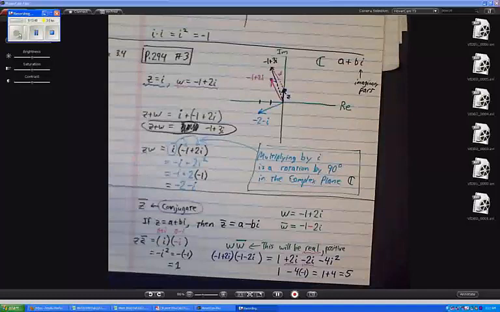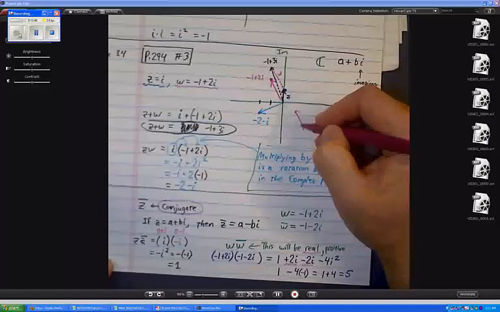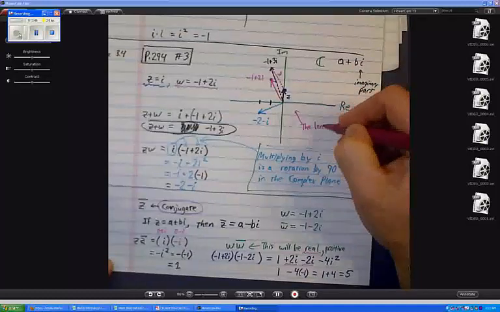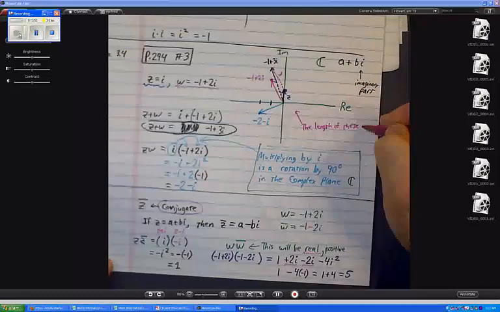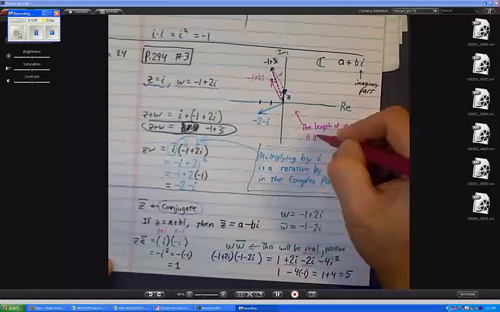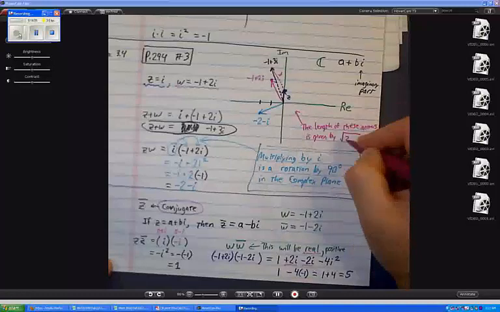And so one last thing I'll say is that the length of these arrows is given by the square root of ZZ bar.